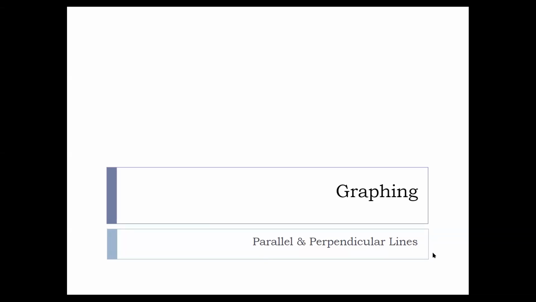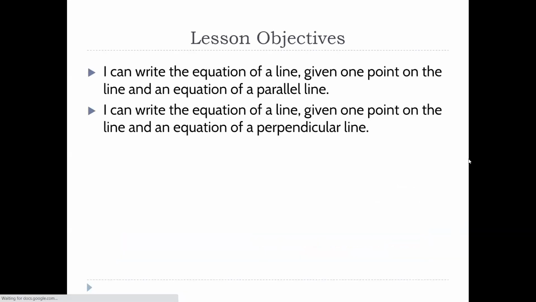All right, the last thing for today says graphing parallel and perpendicular lines. We got some rules. We're going to add to your list of rules already. We're going to end up being able to write the equation of a line if we have a point on the line and the equation of a parallel line.